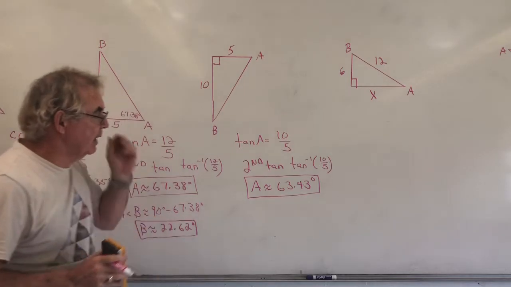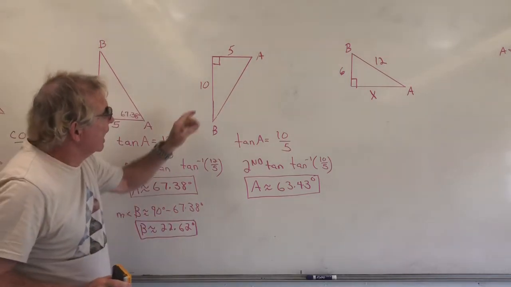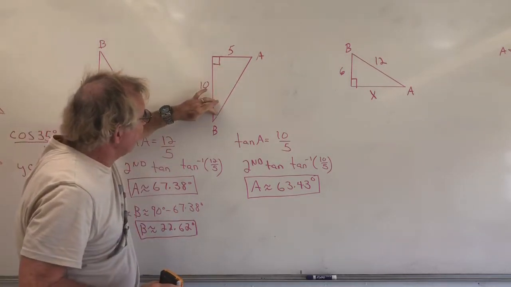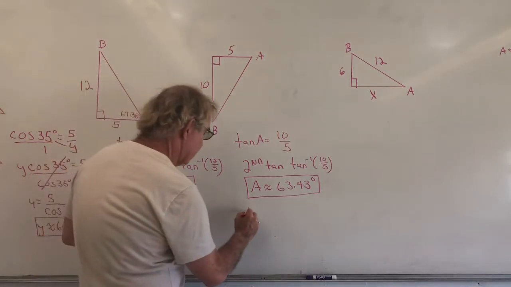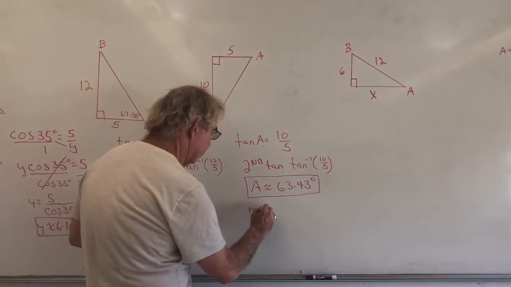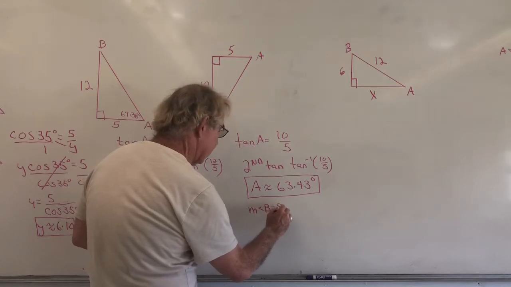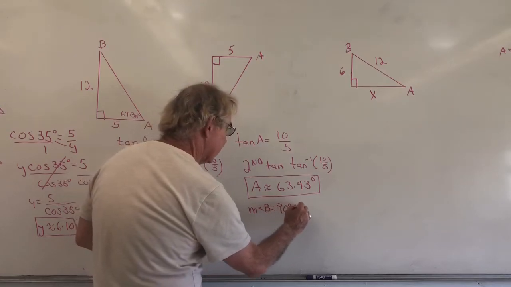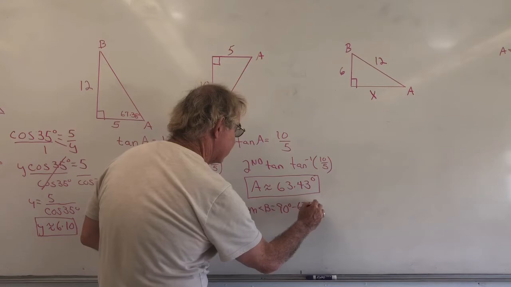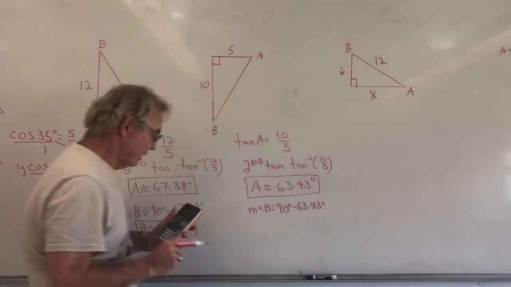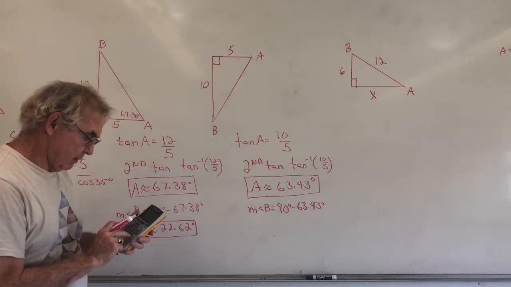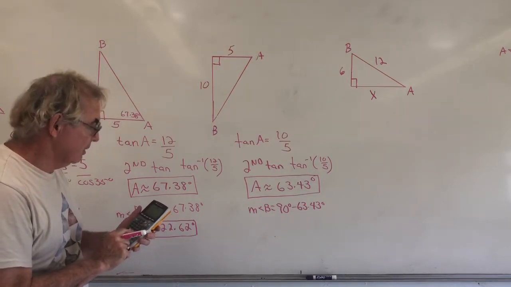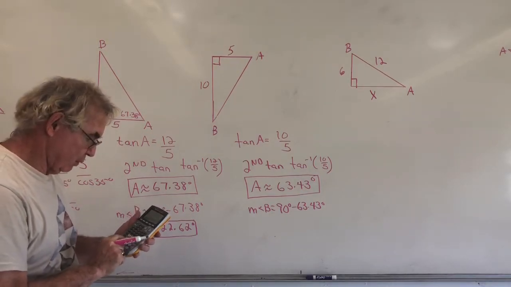Now to find angle B, since angle A and angle B add up to 90, or complementary, you would say the measure of angle B is 90 degrees minus 63.43 degrees, and typing that into your calculator, you would have 90 minus 63.43.